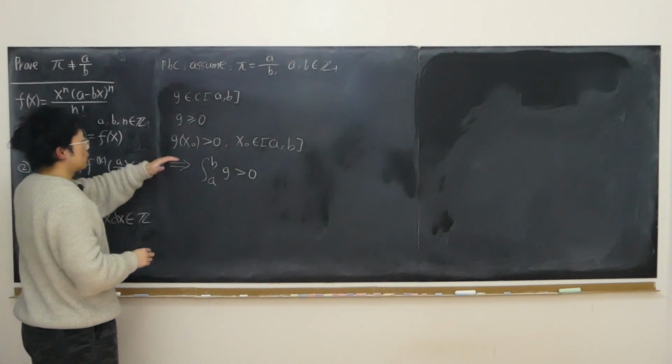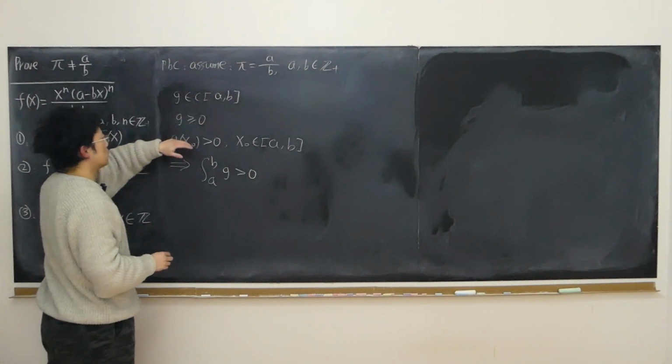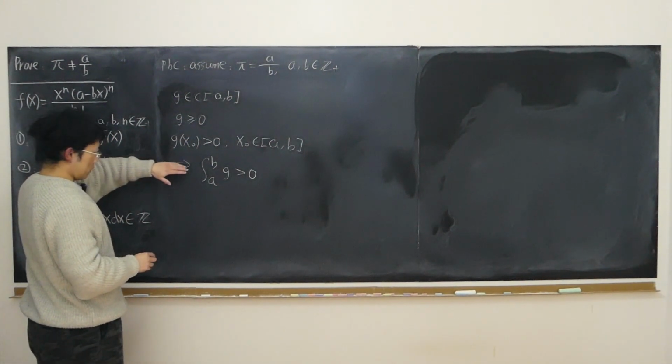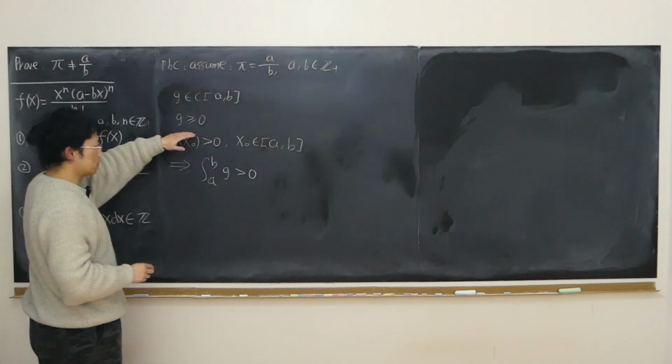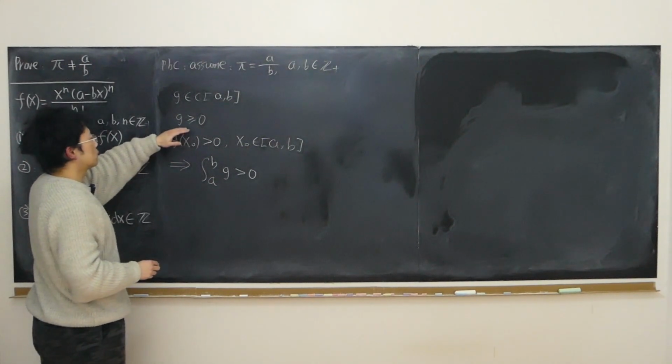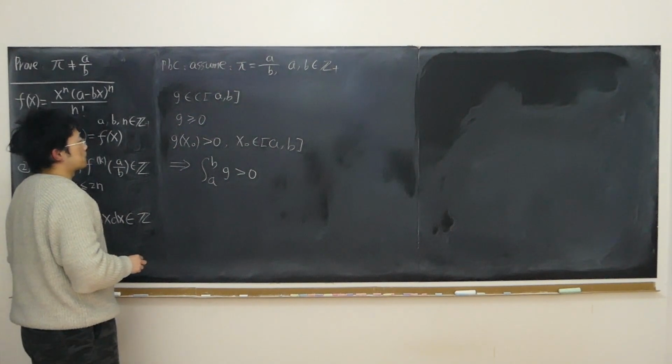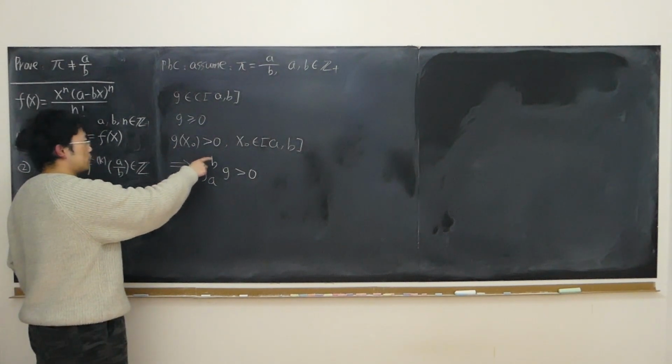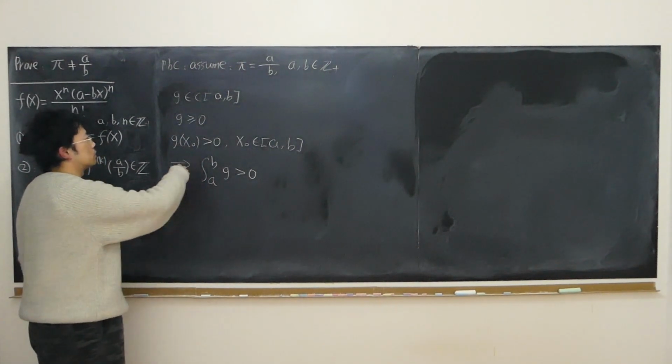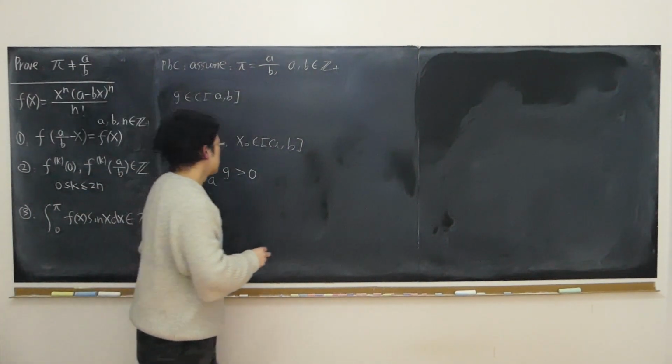In other words, as long as g is continuous over this interval and not consistently 0 but non-negative, with at least one point where it's larger than 0, then we can show this. I'm going to prove it in a future video.